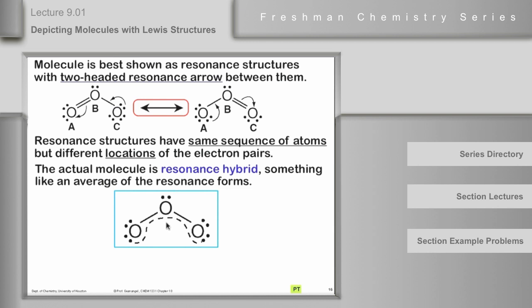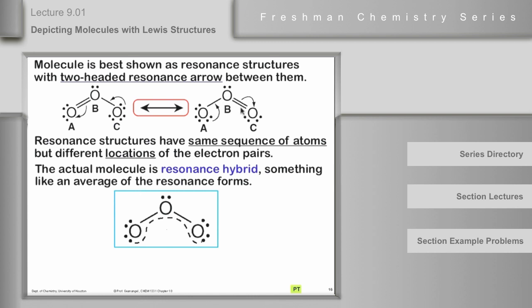Now, all we need to do to really describe this is to draw this dotted line from the left-hand oxygen over to the right-hand oxygen. That dotted line means there's one pair of electrons, let's say that one right there, which can be here and it can be over there. Now, I don't mean to imply that it jumps back and forth. That's not what happens.